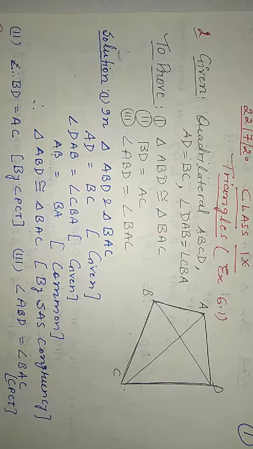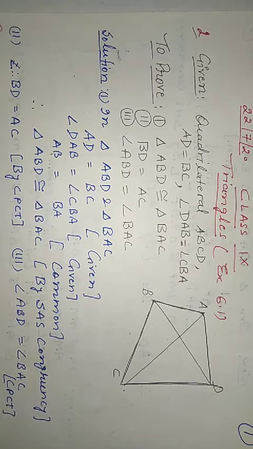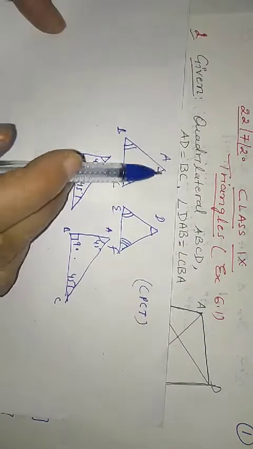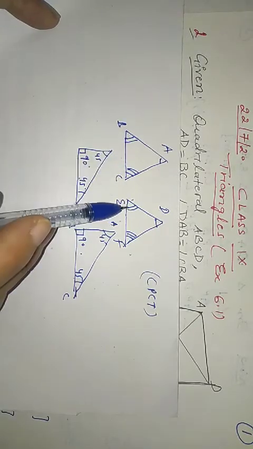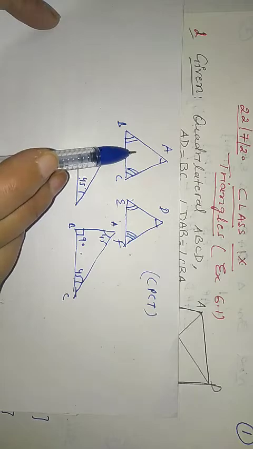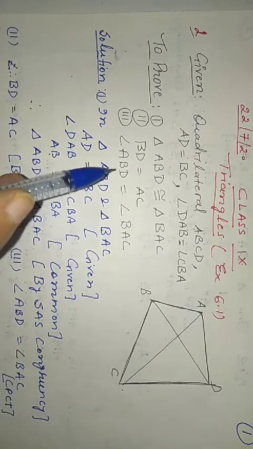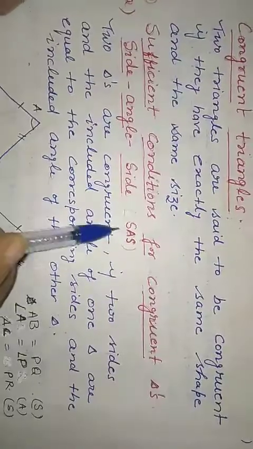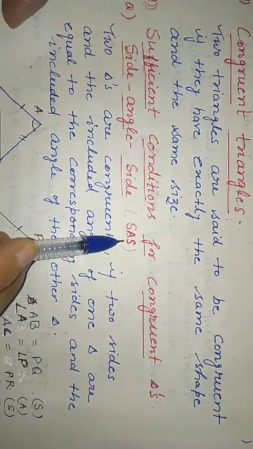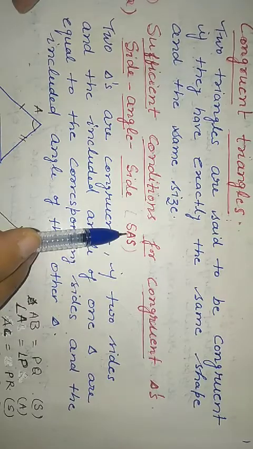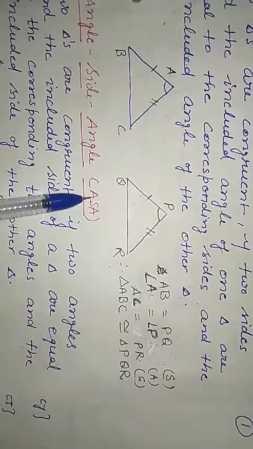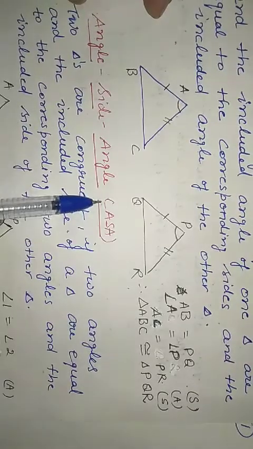We have already discussed the conditions of congruency that we have recorded. Here you can see there are 6 parts of a triangle, 3 angles and 3 sides. To make two triangles congruent, we require only 3 parts. We already discussed that we can take side, angle, side, that is 2 sides and the included angle. Then angle, side, angle.